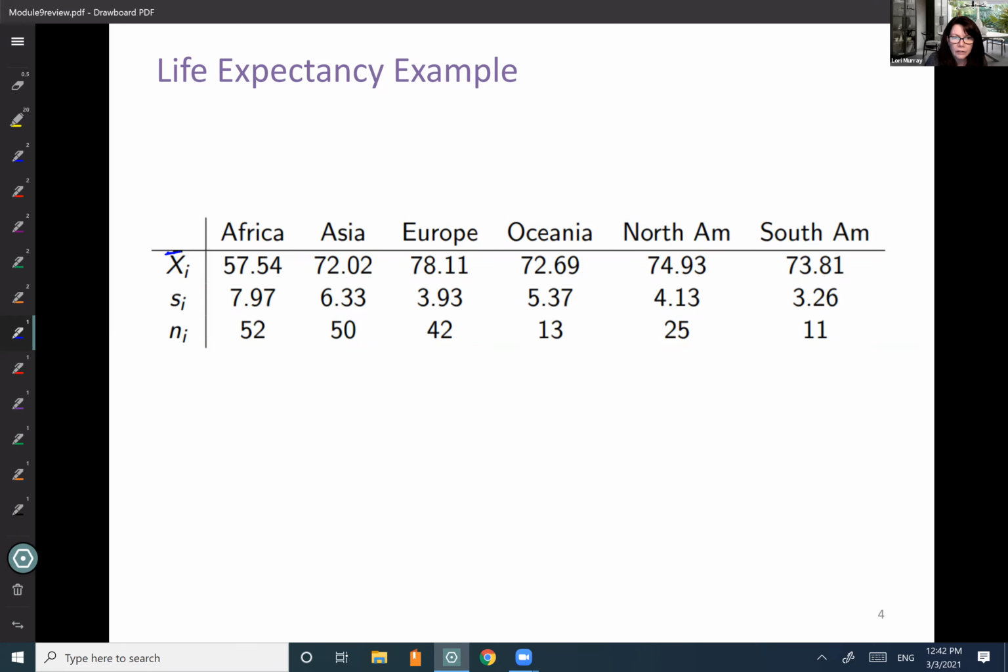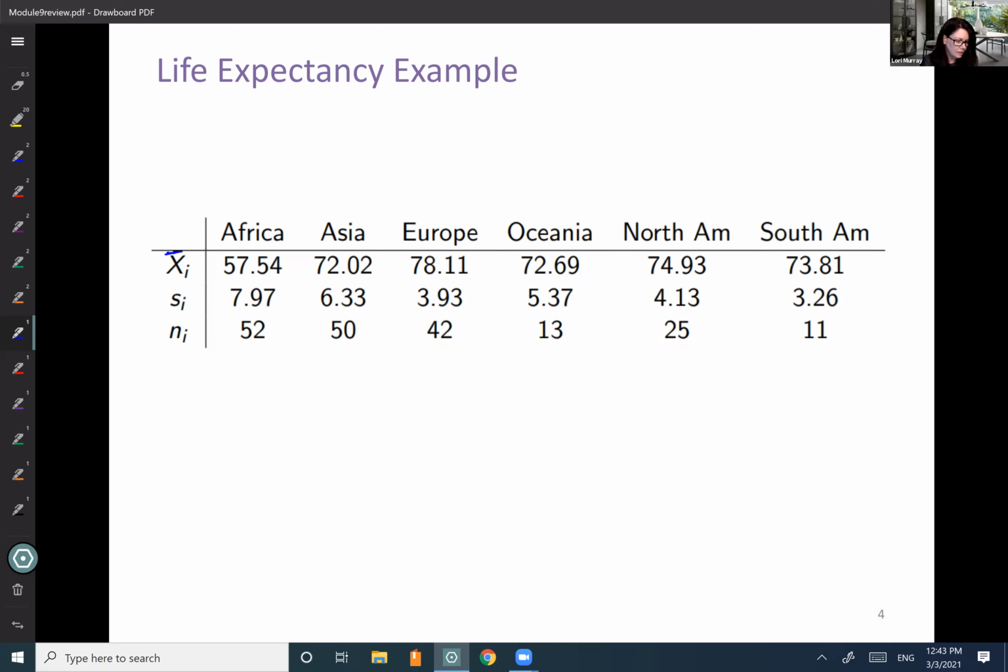Asia has 50 countries, Europe has 42, Oceania 13, and North America 25. The 3 main ones are, of course, Canada, US, and Mexico, but there's also Cuba, Dominican Republic, Antigua, and so forth in North America. And then there are 11 countries in South America.